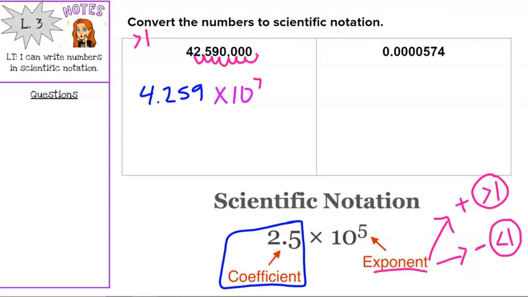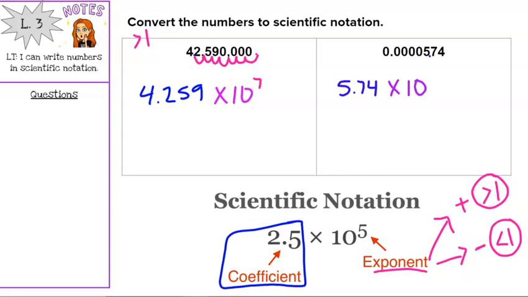Alright, so the first step is, again, to make a number that is between 1 and 10. Make that coefficient. So to put a decimal point, I would put it between this 5 and the 7 because that would become 5.74. Multiply by a power of 10. And then again, I have to figure out what the exponent is.